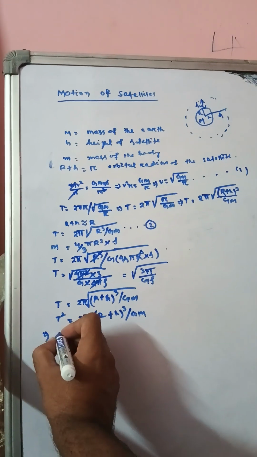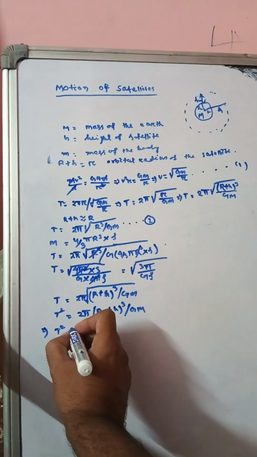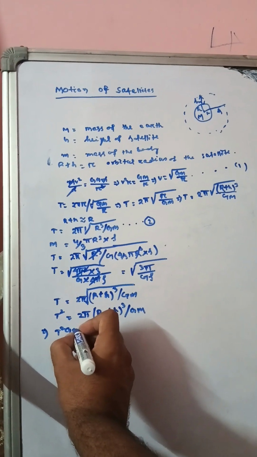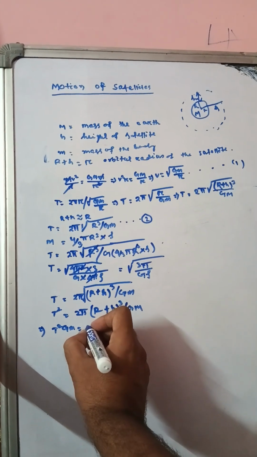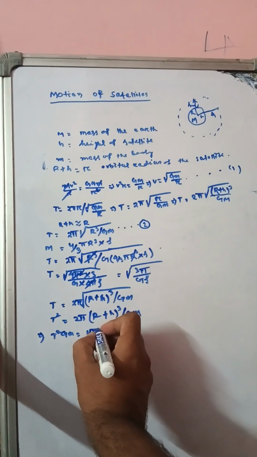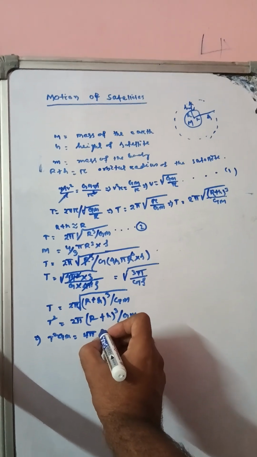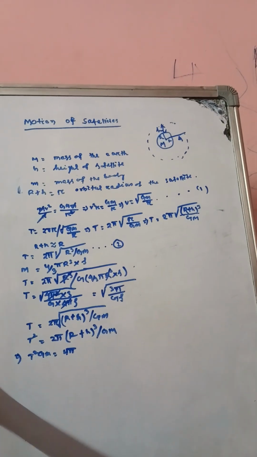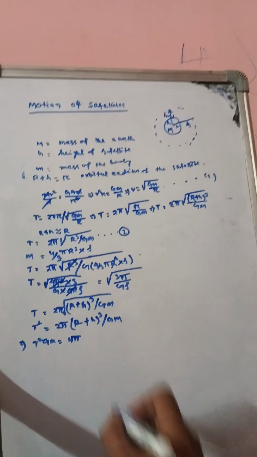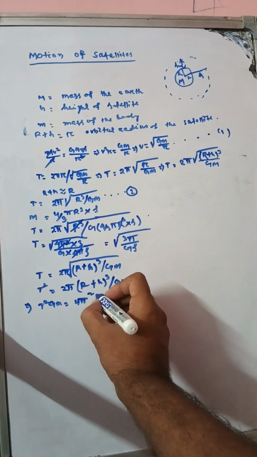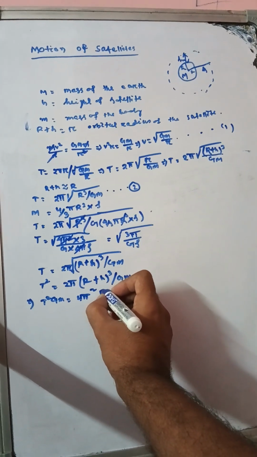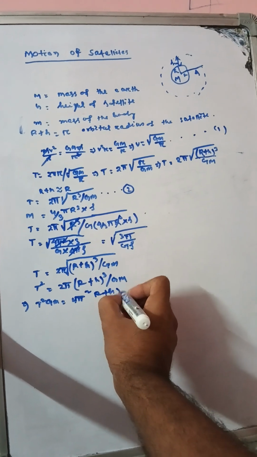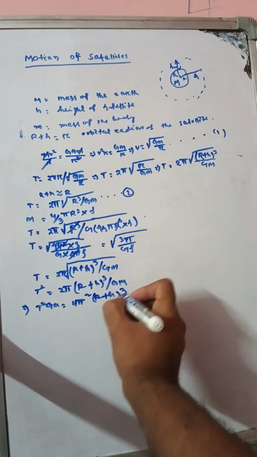This implies that T square GM is equal to 4 pi square (R plus h) whole cube.